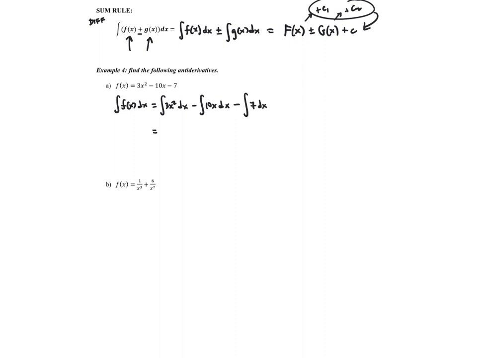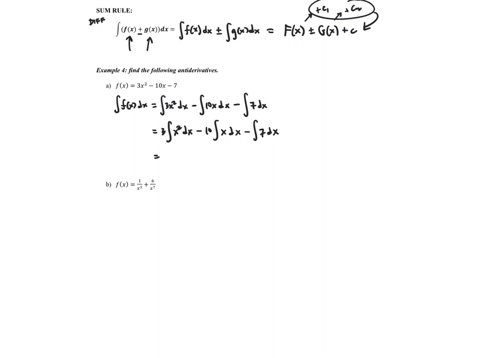Now I'm also going to use the constant rule. I'm going to pull that 3 out in front, just work with x squared. Pull out the 10, just work with x. And I'll leave the last integral expression as minus 7 dx.